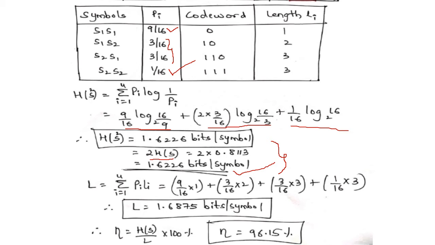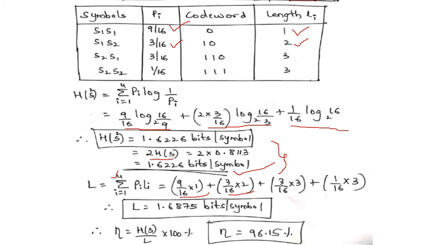Similarly, the average code word length is given by summation i equals 1 to 4, because we have 4 symbols, probability multiplied by its corresponding length. So 9 by 16, corresponding length is 1, so 9 by 16 into 1 term. Similarly, 3 by 16 with corresponding code word length 2, so 3 by 16 into 2.